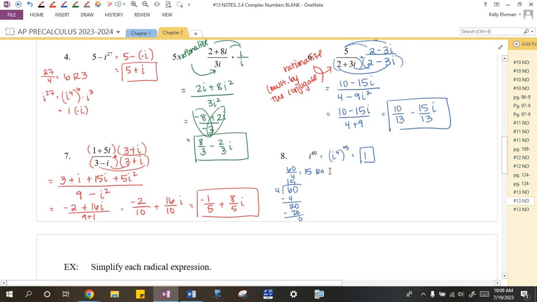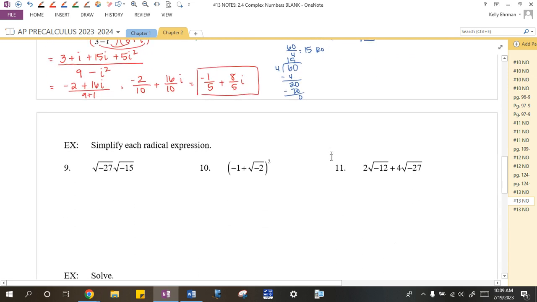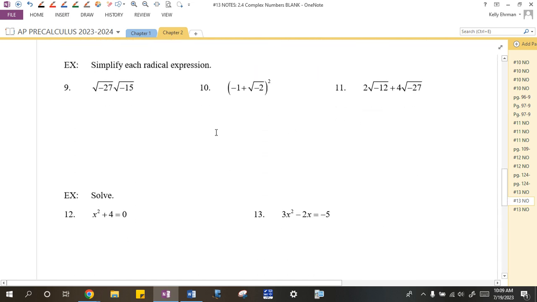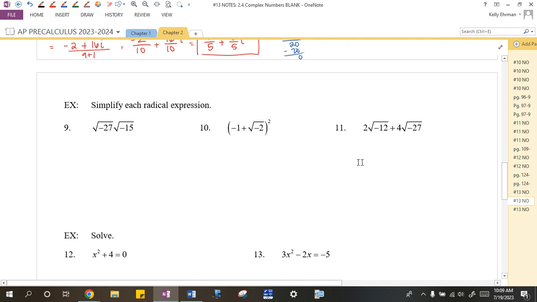The only other thing we can do with complex numbers is look at them in their radical form and then use them to solve some quadratics. So simplify each radical expression. The rules here, they're basically 2 rules. The first thing, if you see a negative radical, is to rewrite in terms of i.